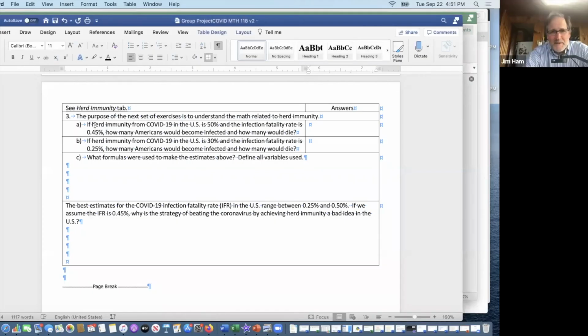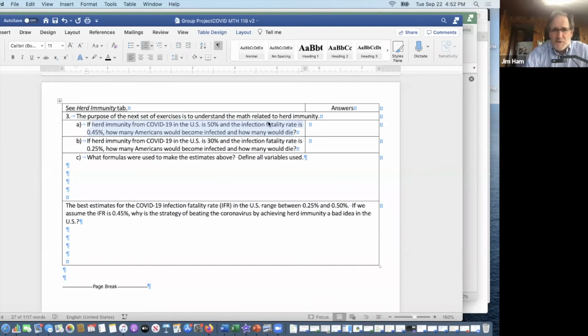All right, so this one here, they talk about herd immunity, and herd immunity assumes that a certain percentage of the population will have the infection, and if they've already had the infection and they can't be infected again, then some say that you only need 50% of the population to have experienced the COVID infection in order for the whole country to be basically immune, because there aren't enough infected or non-infected people for the virus to live.